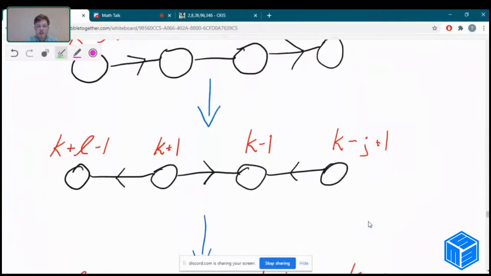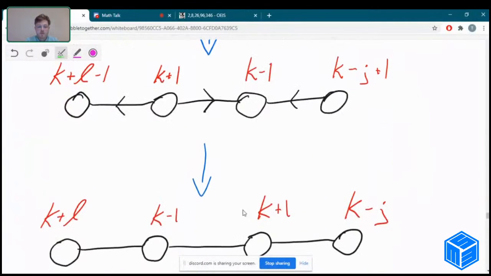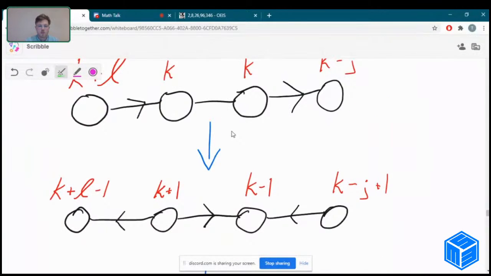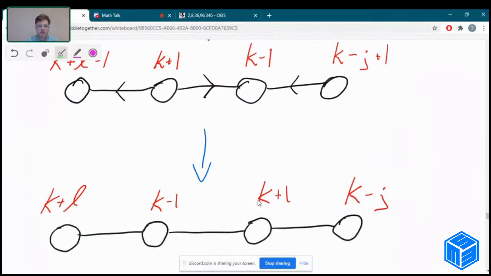And when I follow that argument, I now have K minus 1 and K plus 1 along what is supposed to be a flat edge, but it's quite clearly not, because K plus 1 is richer than K minus 1. So that's my contradiction. I just ran through 2 steps, and I got that it couldn't possibly be in the period, because I did not get back to my starting position with a couple of K's in the middle. I got a K minus 1 and a K plus 1.